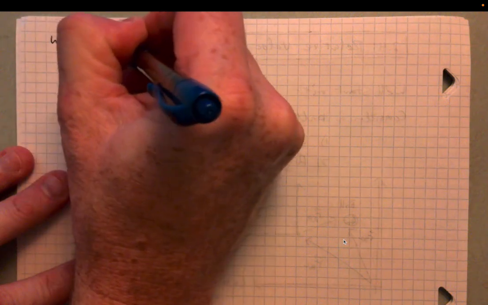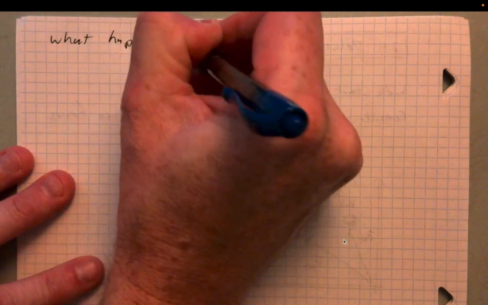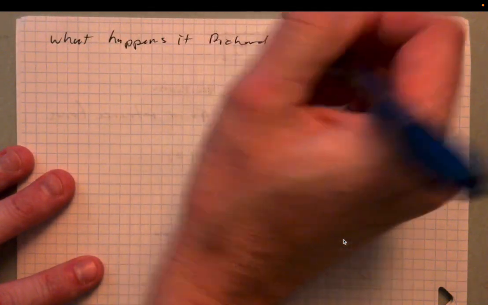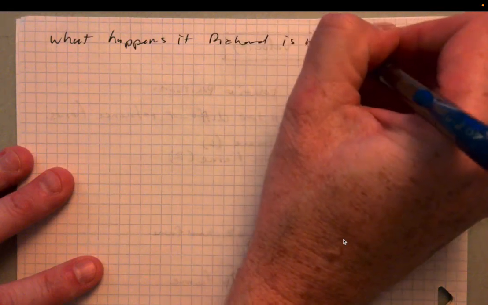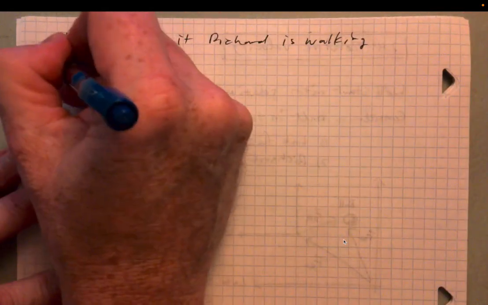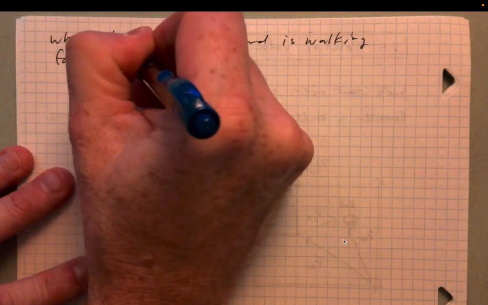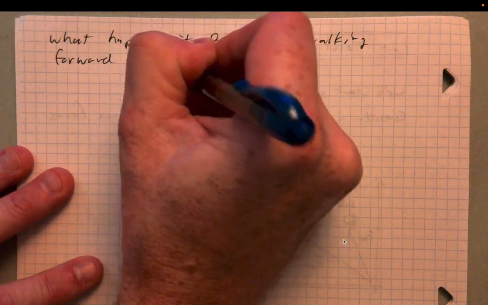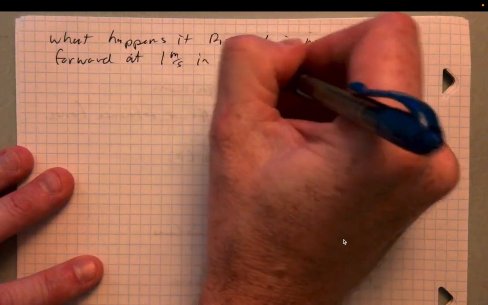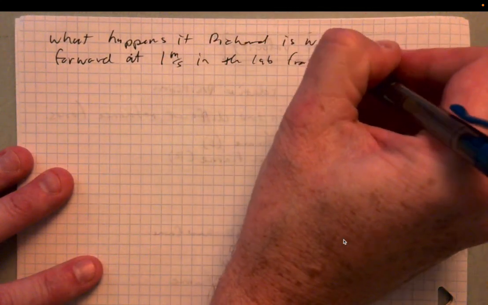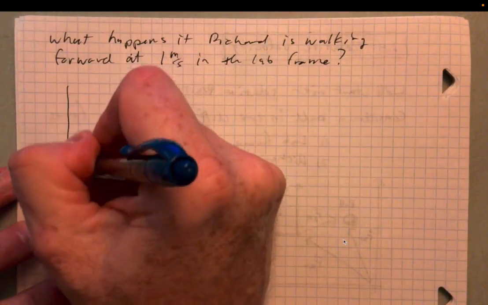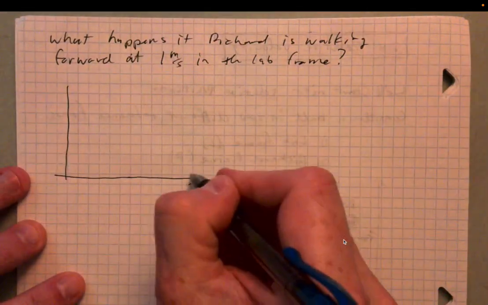What happens if Richard is walking forward, we'll say, at 1 meter per second in the lab frame? Okay, so let's think this through here. I'm going to redraw this a little bit, not entirely.